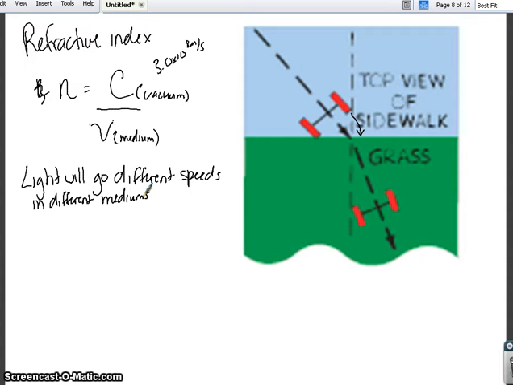For example, if it's going through ice, the refractive index is 1.3, meaning the speed of light in a vacuum is 1.3 times greater than the speed of light in ice. That's just an example. So n is equal to the speed of light in a vacuum over the speed of light in a medium.